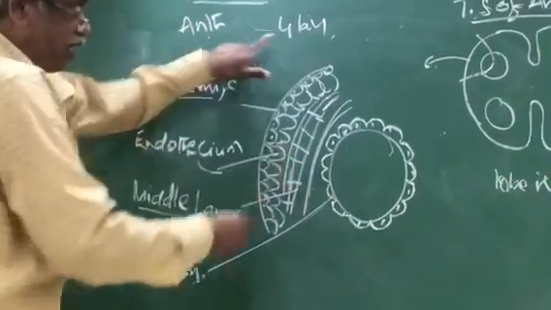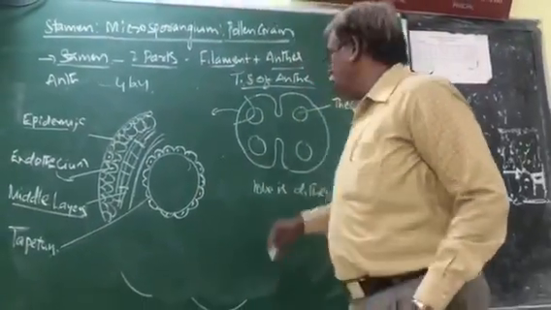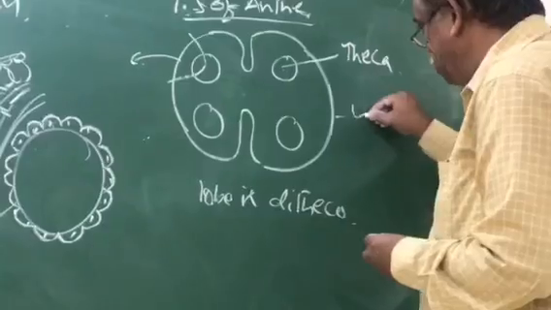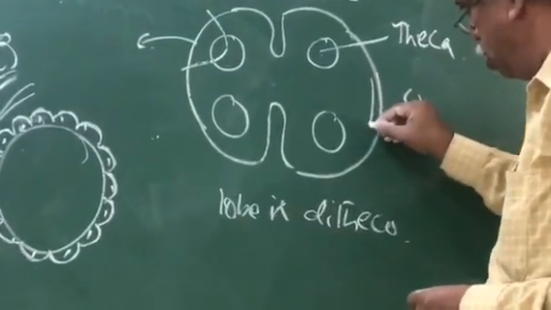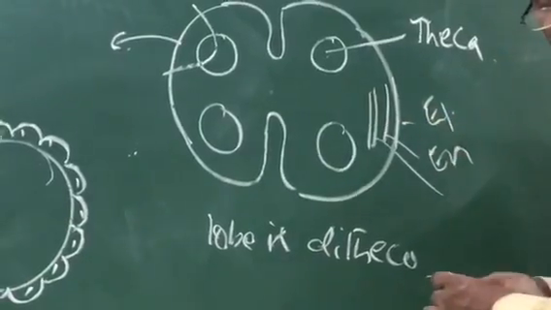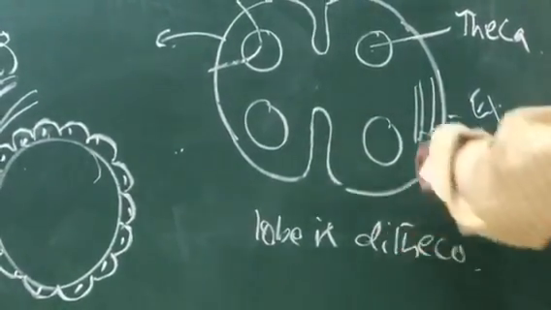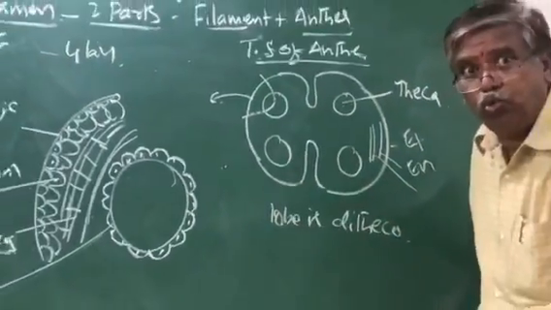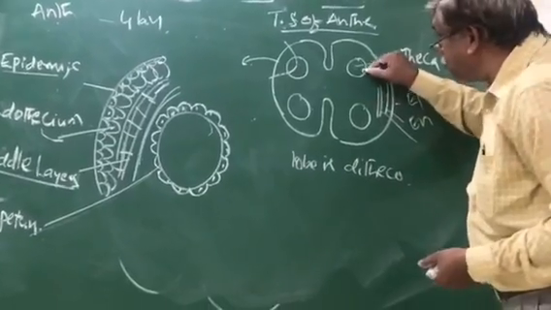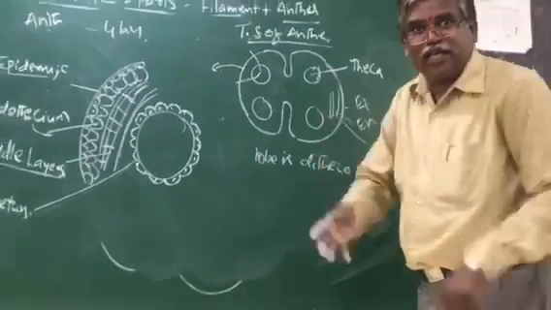These 4 layers together form the wall. But one thing: what is this? Theca. Epidermis, endothecium and middle layers are common to the 4 theca. But tapetum is individual to each theca.